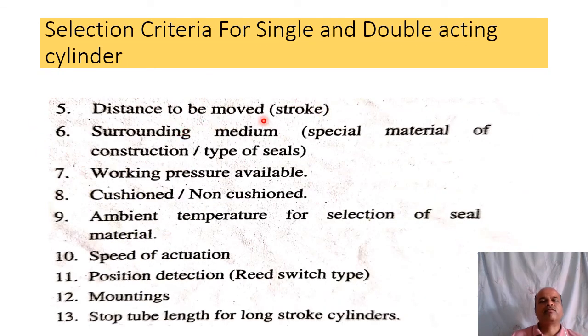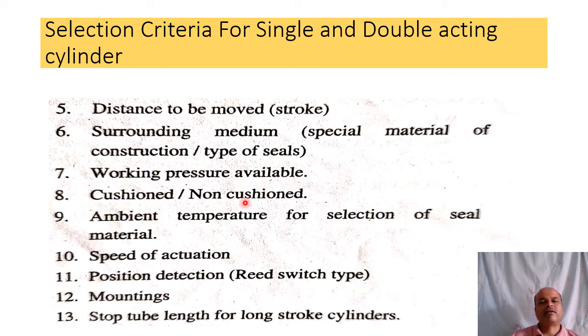Then distance to move in one stroke, how much distance to be moved. Then surrounding medium, that is a special material of construction or type of seals, as in the double acting cylinder we have mentioned different types of seal to avoid the leakages. Then working pressure available, how much working pressure is available.